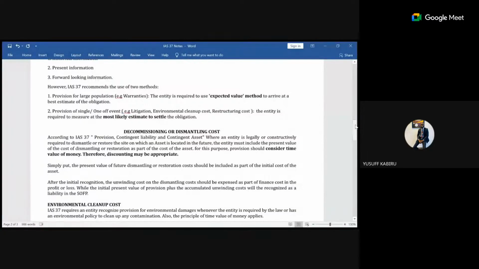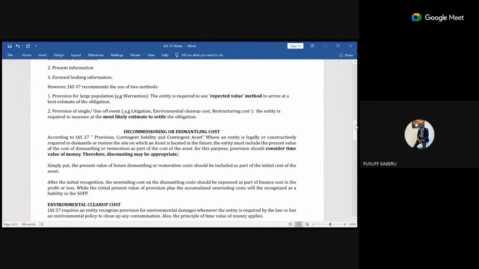And I expect some say we should make provision for it now. Something that will happen in the future, make provision for it now. So that is time value of money. The amount we have today is different from the amount we have in the future. So what are we going to do? We are going to discount it.